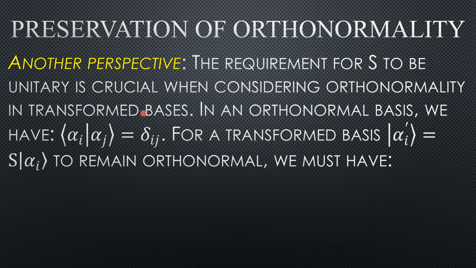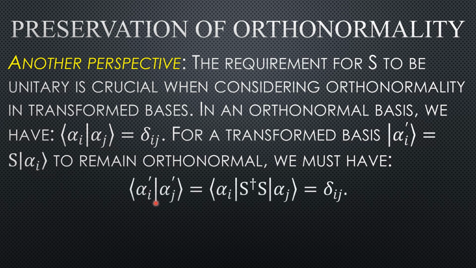So i hat to i hat gives us 1, i hat to j hat gives us 0 because there's no overlap. Okay, so for transform bases where we have alpha i prime equal to the transformation acting on the old vector, to remain orthonormal, we must have that alpha i prime, alpha j prime, which is equal to the transformations.